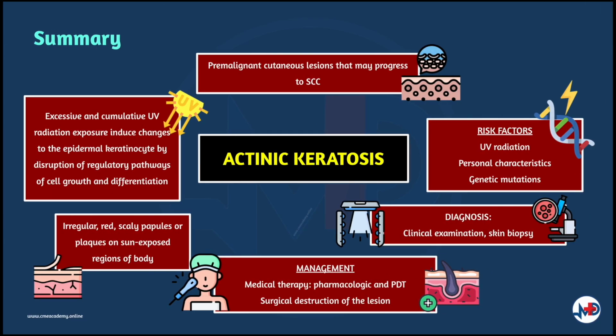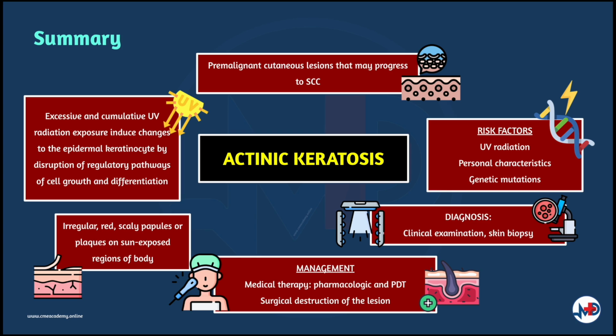To summarize, actinic keratosis is the pre-malignant cutaneous lesion that may progress to squamous cell carcinoma. It is a result of excessive and cumulative UV radiation exposure that induces change to the epidermal keratinocyte by disruption of regulatory pathways of cell growth and differentiation.